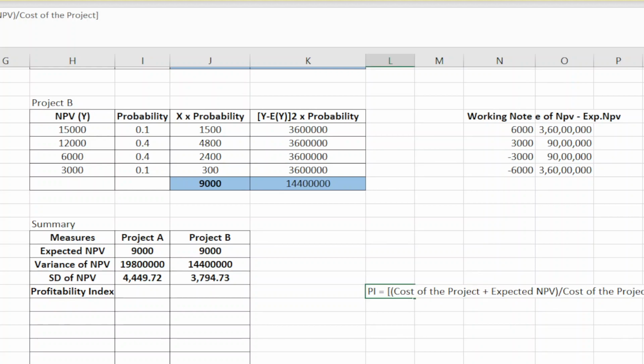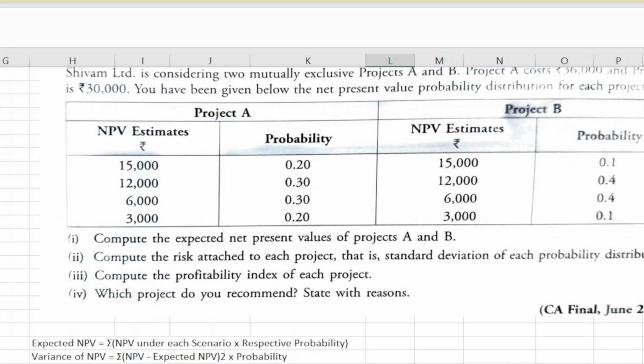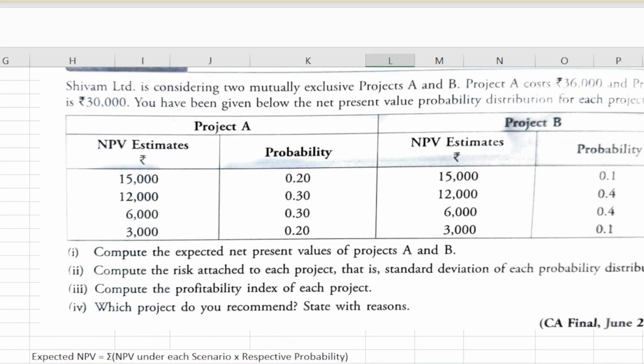So this is what I need to do in the first case. In the first case, how much will it be? It is equal to the cost of the project. How much is the cost of the project? Let me go back and check the question. Shivam Limited is considering two mutually exclusive projects, project A and B. Project A costs 36,000.